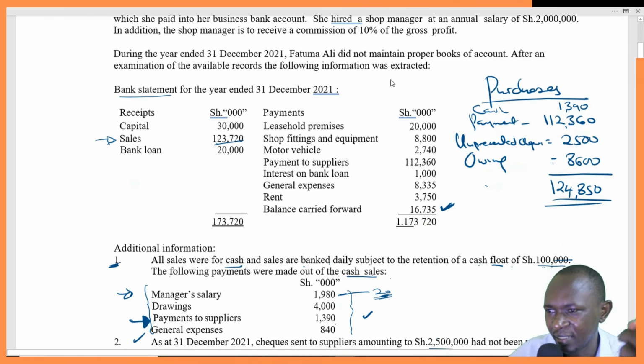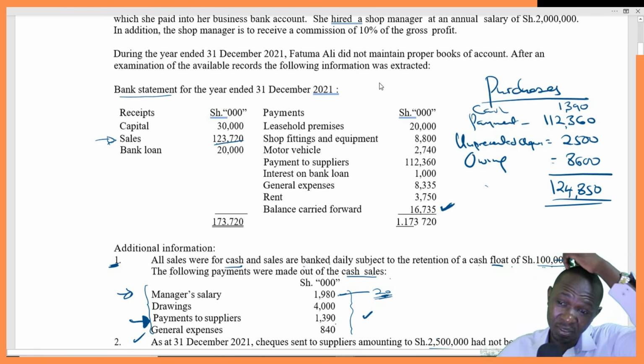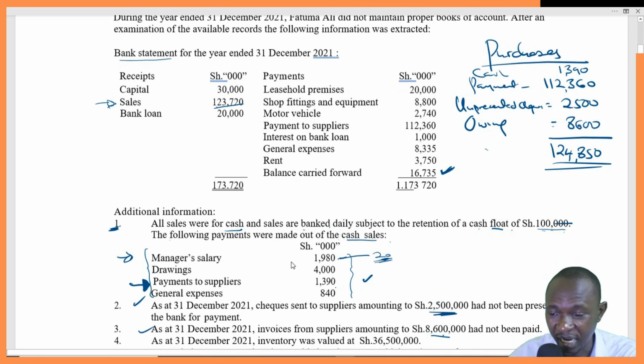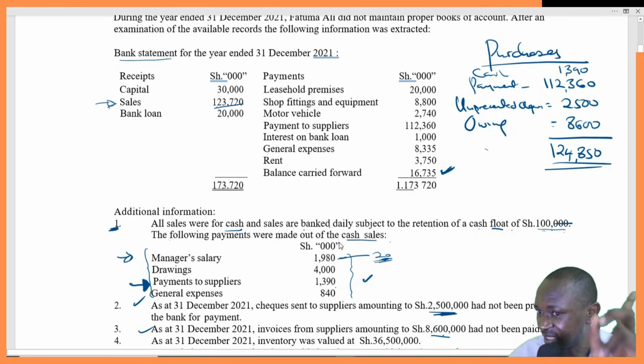We calculated that as an expense. But was it paid to him? We have not been shown anywhere that the 10% was paid to the manager. This is the bank statement, and nowhere has it been paid. And even the cash, nowhere is it showing that the 10% was paid. So it means it's still outstanding.